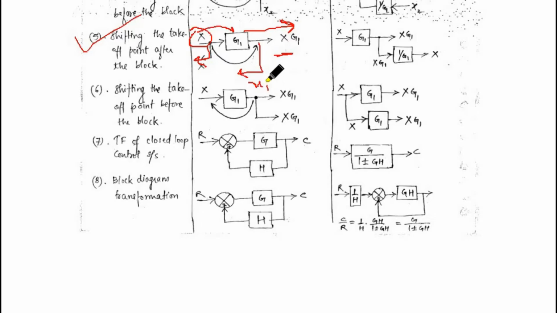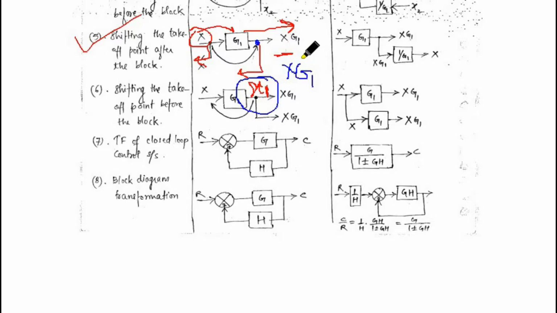Previously I told you that if you make any changes, the output should be maintained as the previous one. Previously the measuring instrument was showing x1, so after conversion also it should show x1.